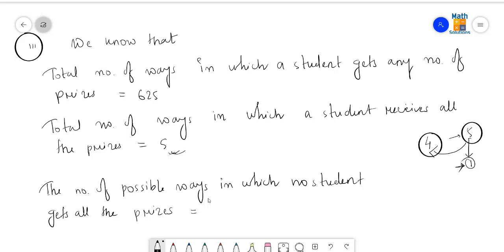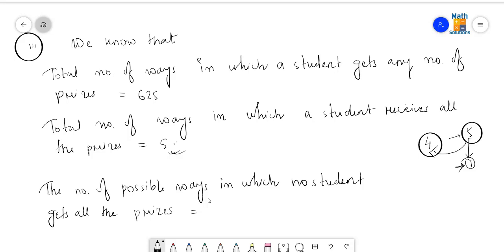So this value, the number of possible ways in which a student receives all the prizes, that is 5. If we subtract this number from the total number of possible ways in which a student gets any number of prizes, means a student can get 1 prize also, 2 prizes also, 3 prizes also, 4 prizes also, means the total value is this one.